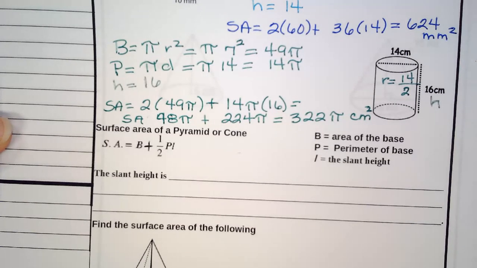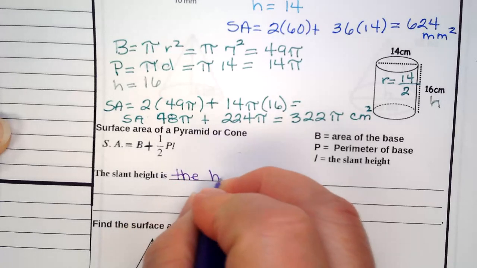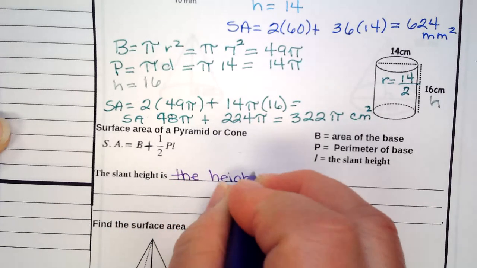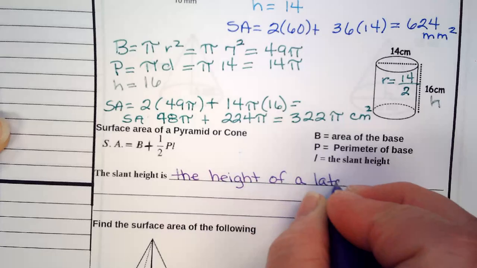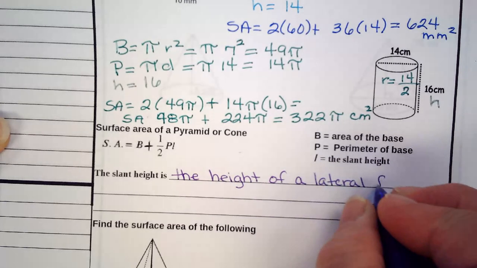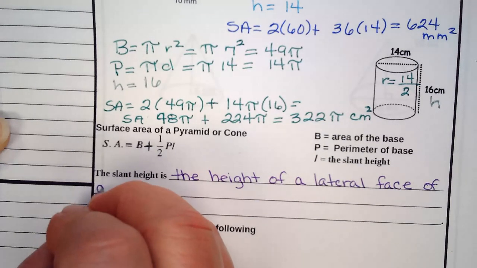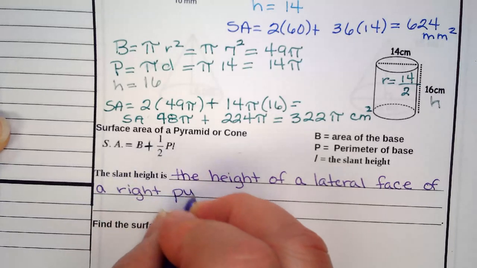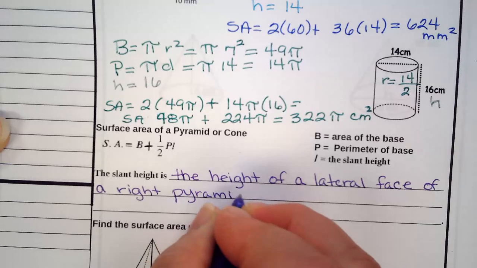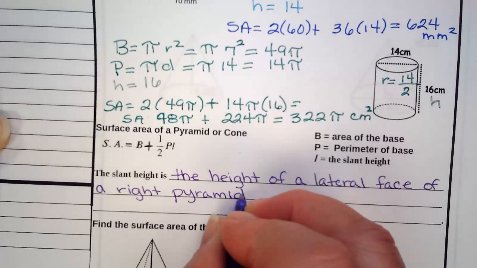The slant height is the height of the lateral face of a right pyramid or the height of the lateral surface of a cone.